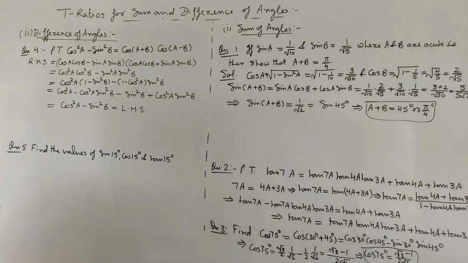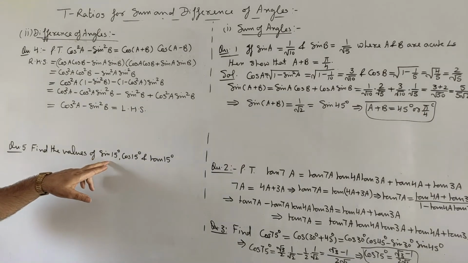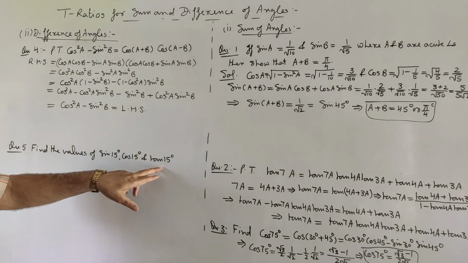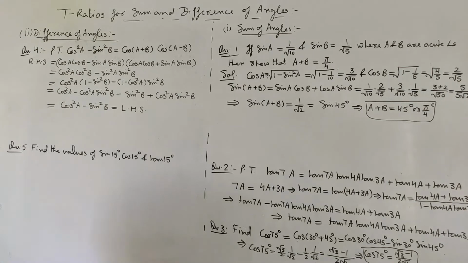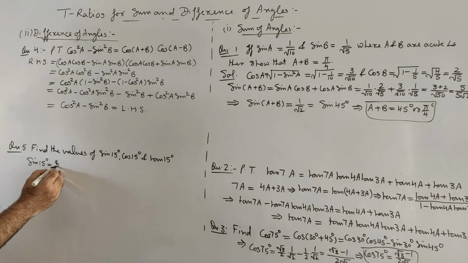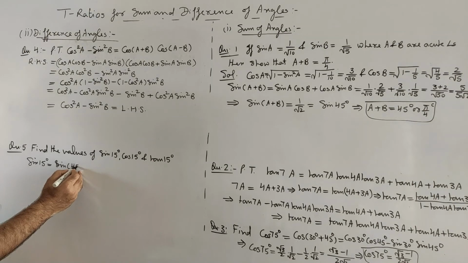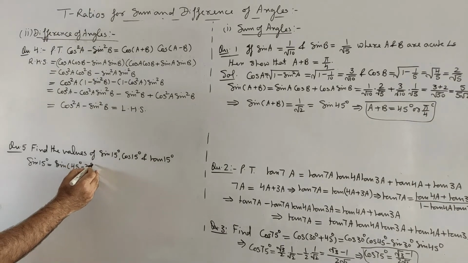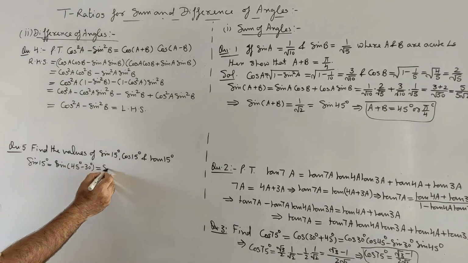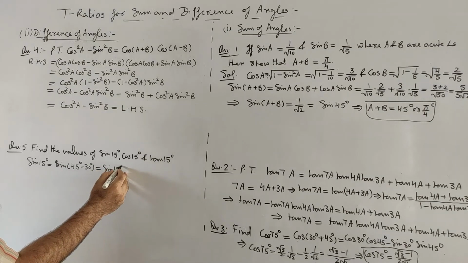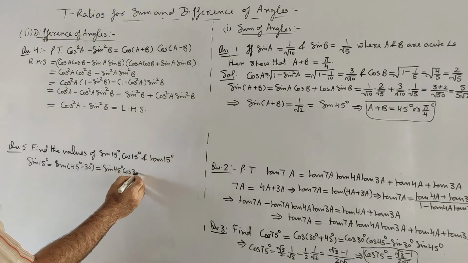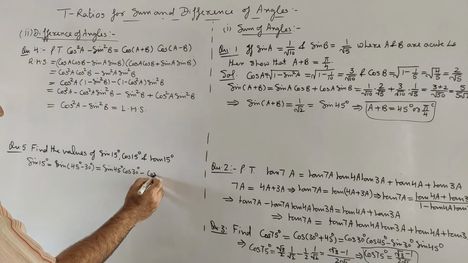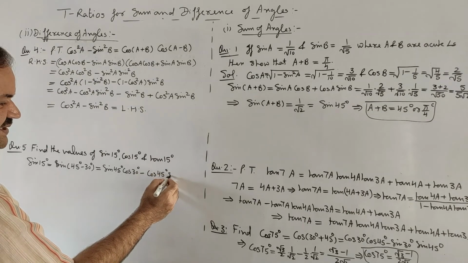Now find the values of sin 15 degree, cos 15 degree, tan 15 degree. Again we can use that type of relation with negative sign. Say we have to find sin 15 degree. Sin 15 degree will be sin of 45 degree minus 30 degree, and it will be sin 45 cos 30 minus cos 45 sin 30.